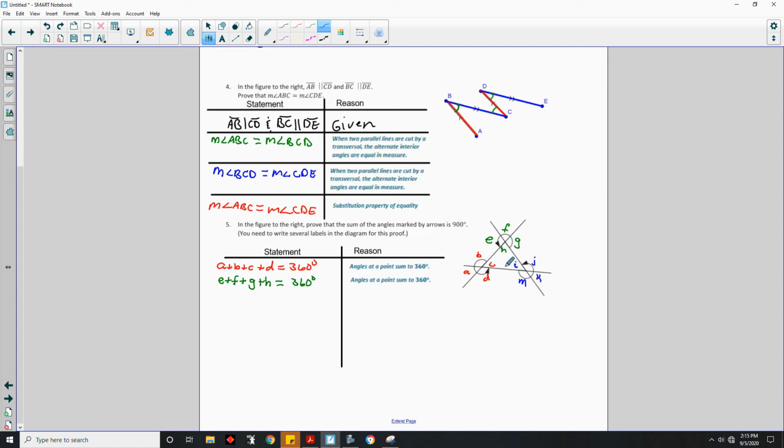I really don't like using I because you'll be learning next year in Algebra 2 that I is a number, but I'm not going to say any more about that now. So anyway, I plus J plus K plus M equals 360 degrees. And you guessed it, same reason. Angles at a point sum to 360.